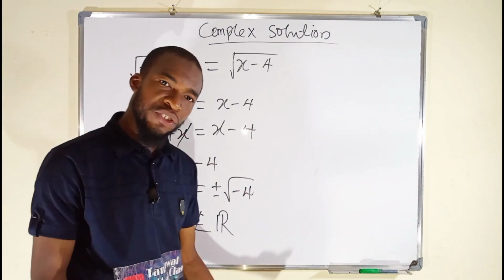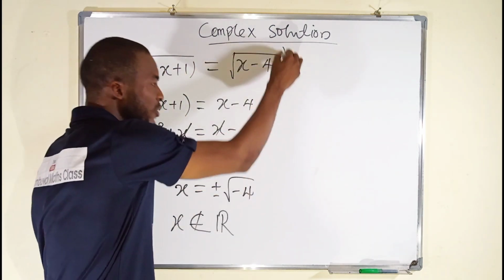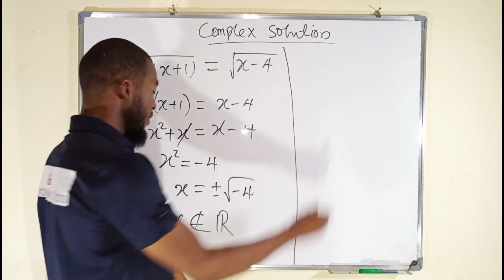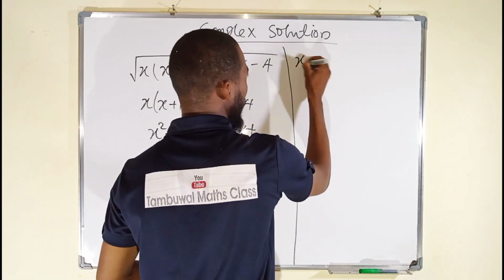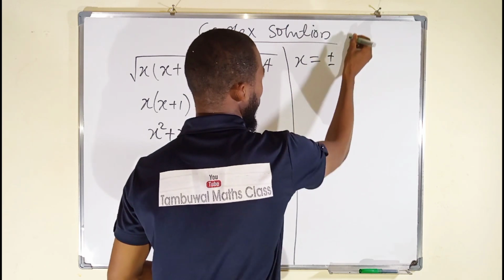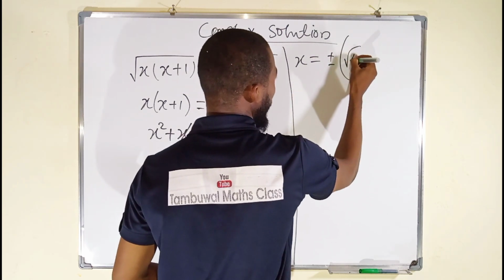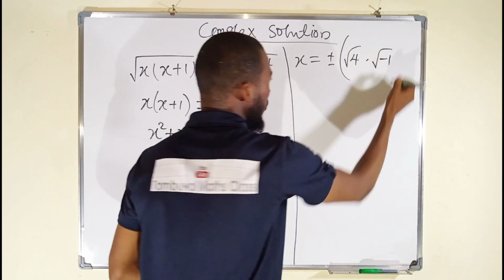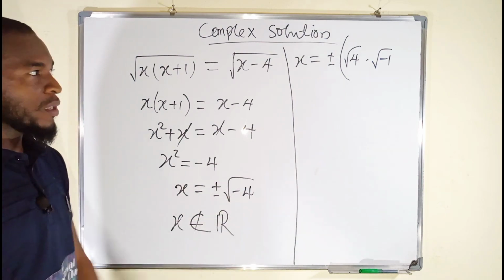But if you wish to continue to the complex world, you know negative 4 under square root can be written as: this is equal to x plus or minus square root of 4 separately multiplied by square root of negative 1, because negative 1 times 4 is negative 4.